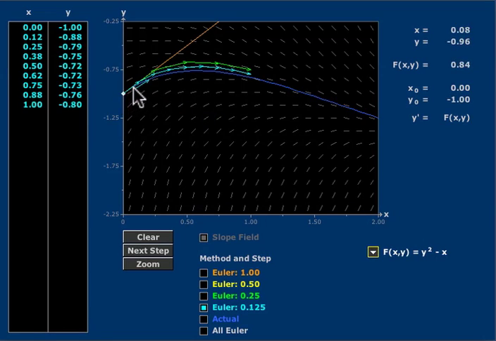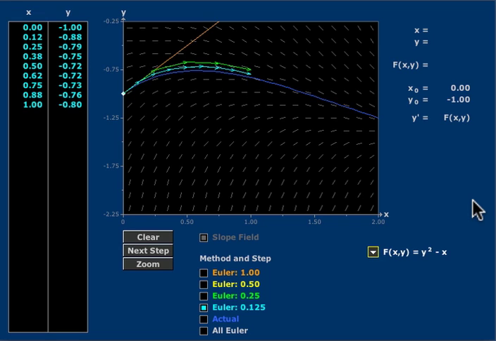As we're moving out along one of these Euler struts, the slope field is decreasing under it, and that causes the actual solution to fall below the Euler polygon. That process will continue as I iterate the Euler process. So the general rule is if the direction field is decreasing in the x direction, you should expect the actual solution to be less than the Euler estimate.